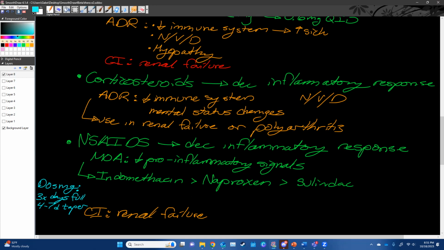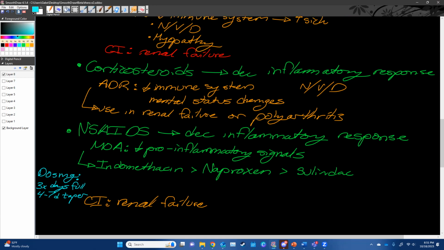That's where they fit in. So for indomethacin, we're going to start 50 milligrams TID for the first 3 days, and then for days 4 through 7, we're going to do 25 milligrams TID.